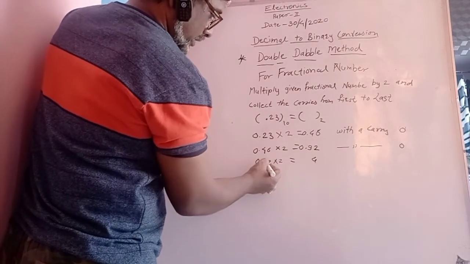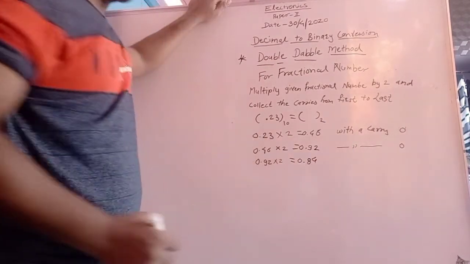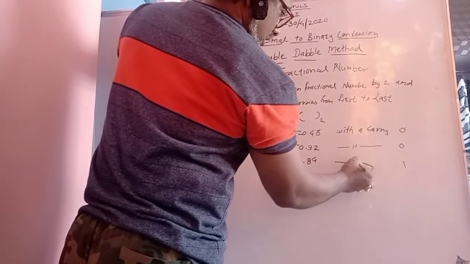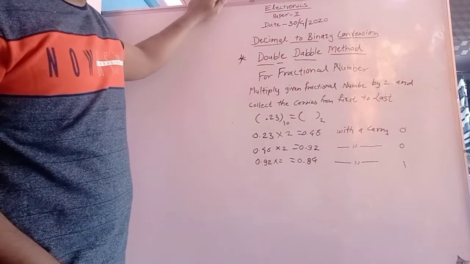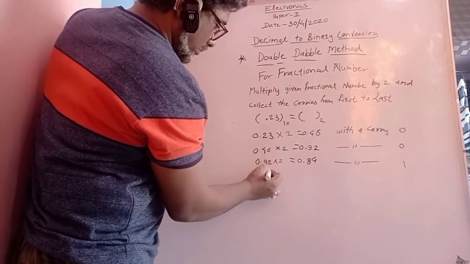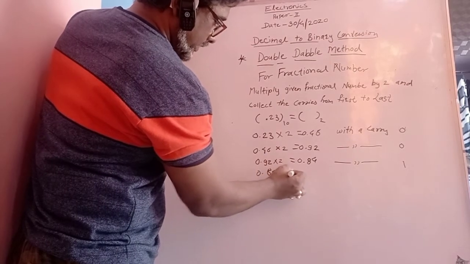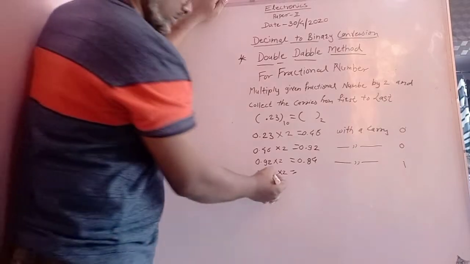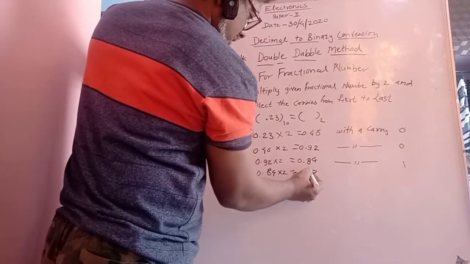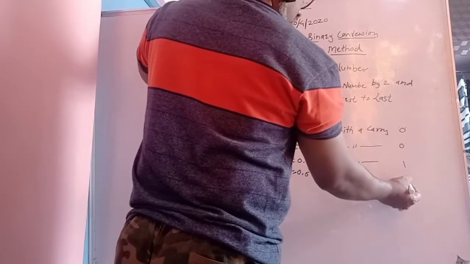Then multiply again 0.92 by 2. So 2 times 9 is 18. Now there is a carry generated, so write down that carry on this side, with a carry 1. Then again multiply 0.84 into 2, that is 2 times 8 is 16, and there is a carry, so write down the carry here.